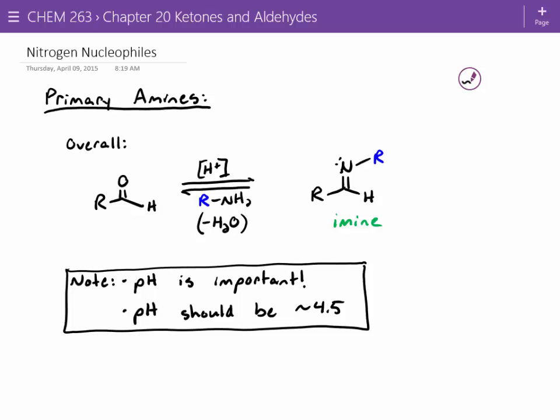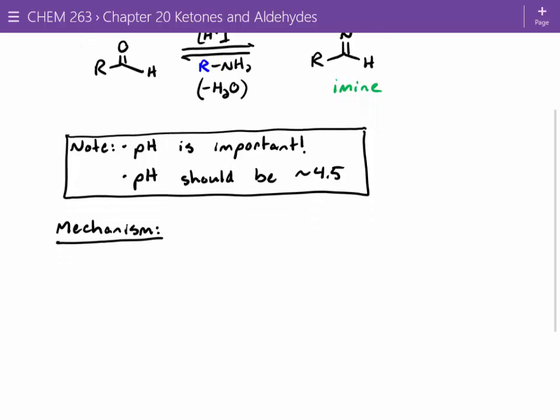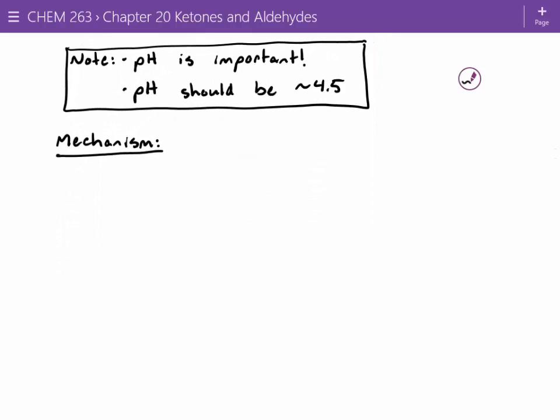All right, so now let's go through the mechanism. We start out with our generic aldehyde. We've got our acid, I'll label this HA.